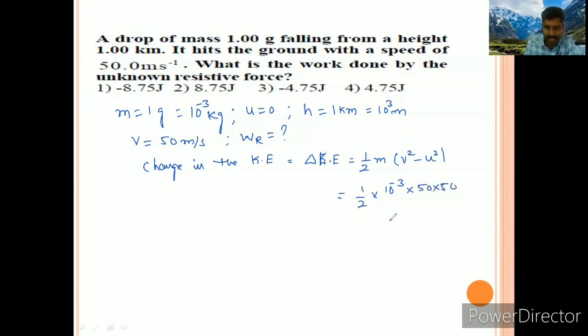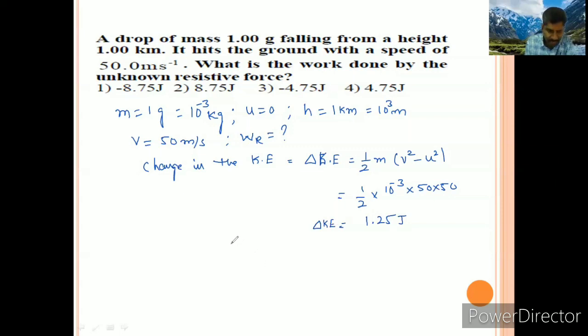So how much can we get from this? 2 zeros will cancel, so 10 to the power of minus 1, and 25. Half of 2.5 means 1.25 joules we will get. So this is the change in the kinetic energy.